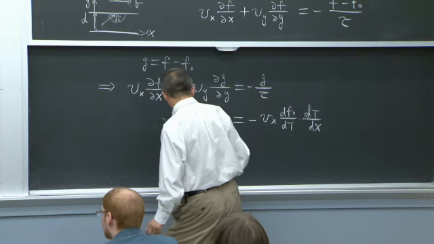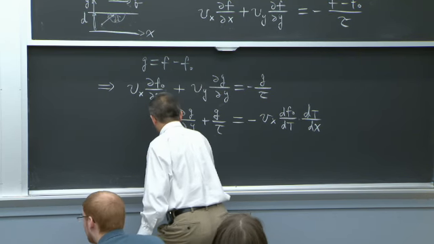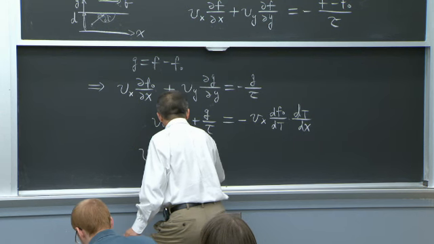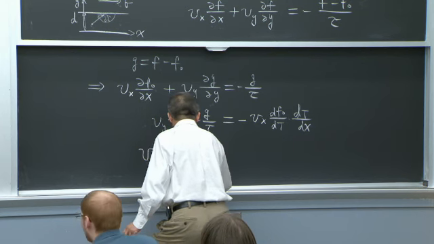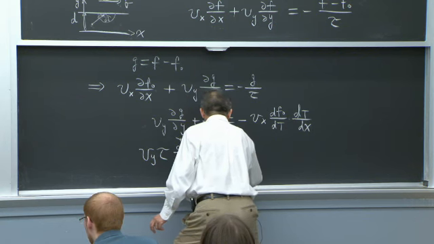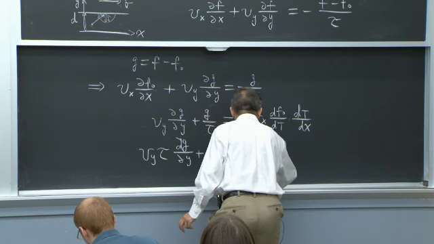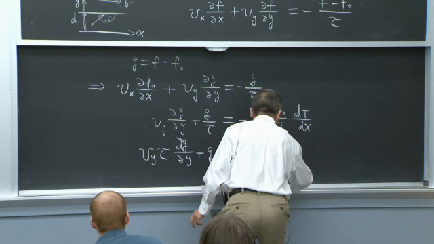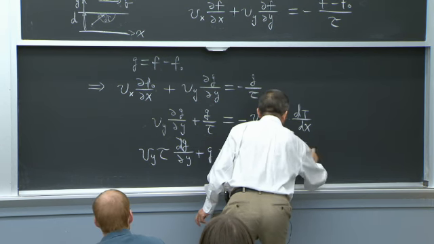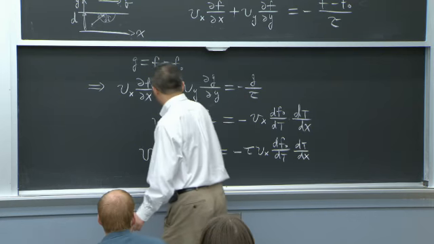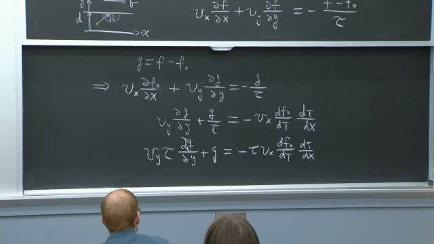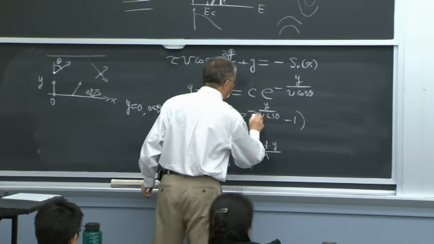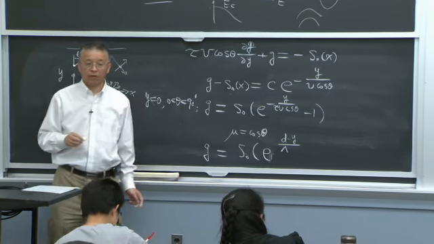Let me do this. I put a tau on both sides. So I write the equation, tau V dg/dy plus g equals minus tau Vx df0/dT dT/dx. So I have tau, and tau times V is the mean free path.